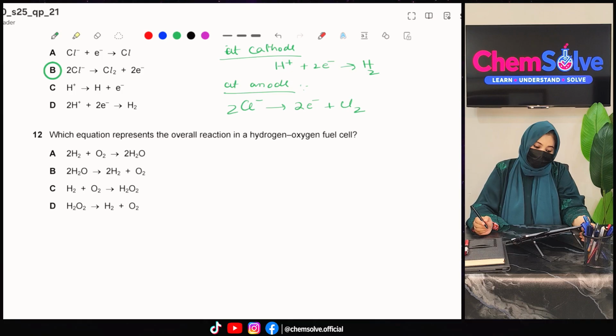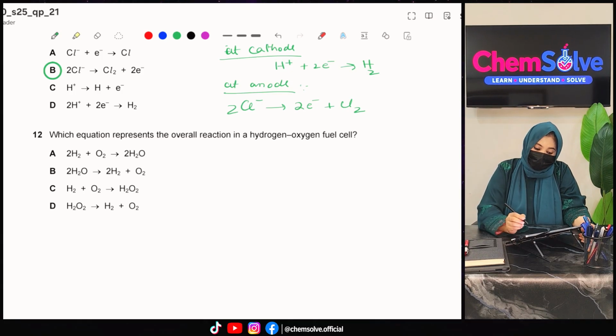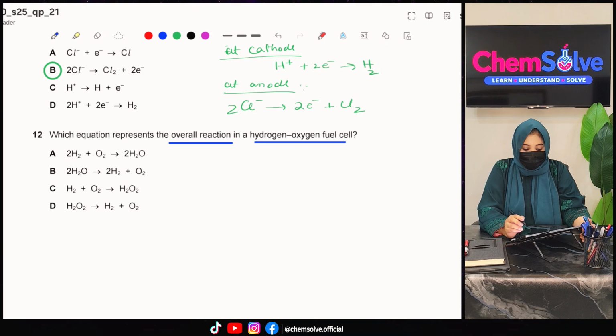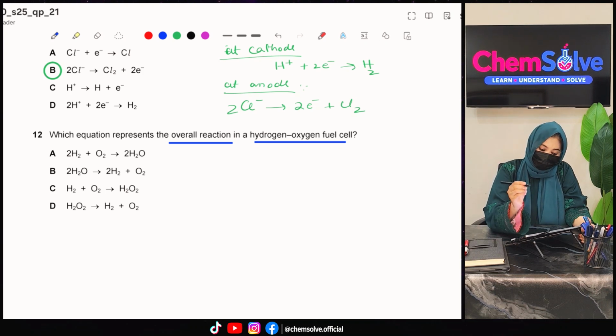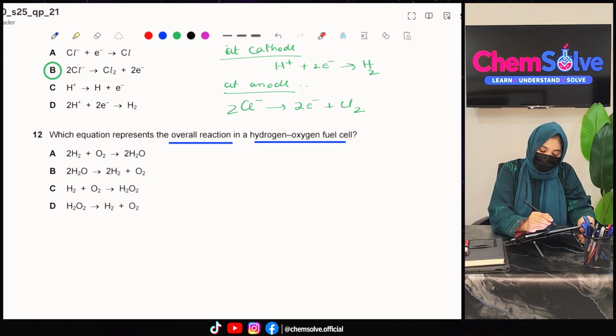Now move towards question number 12. Which equation represents the overall reaction? We have to select the overall reaction in hydrogen fuel cell. Okay. So for hydrogen fuel cell, let me write the equations first. What happens?